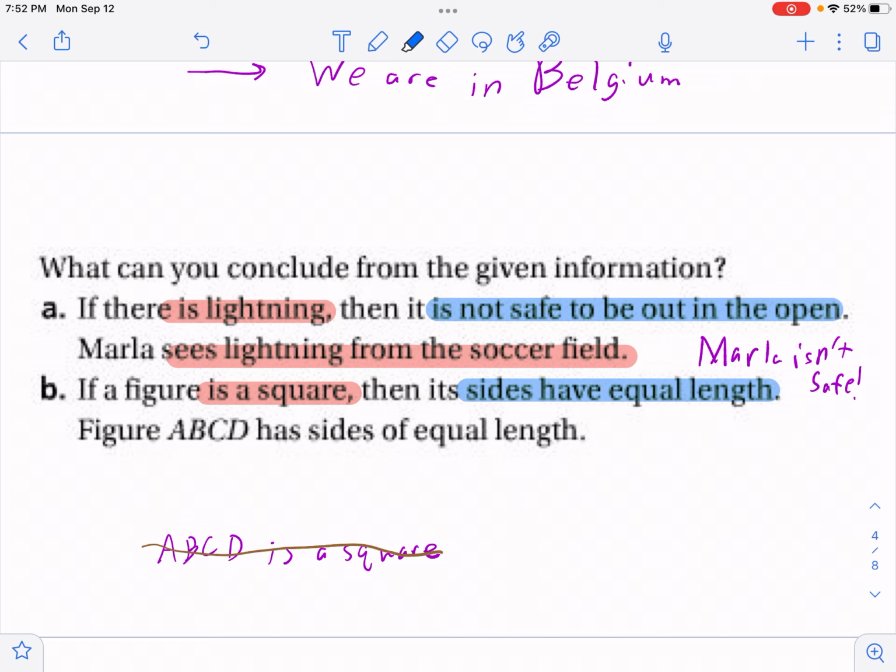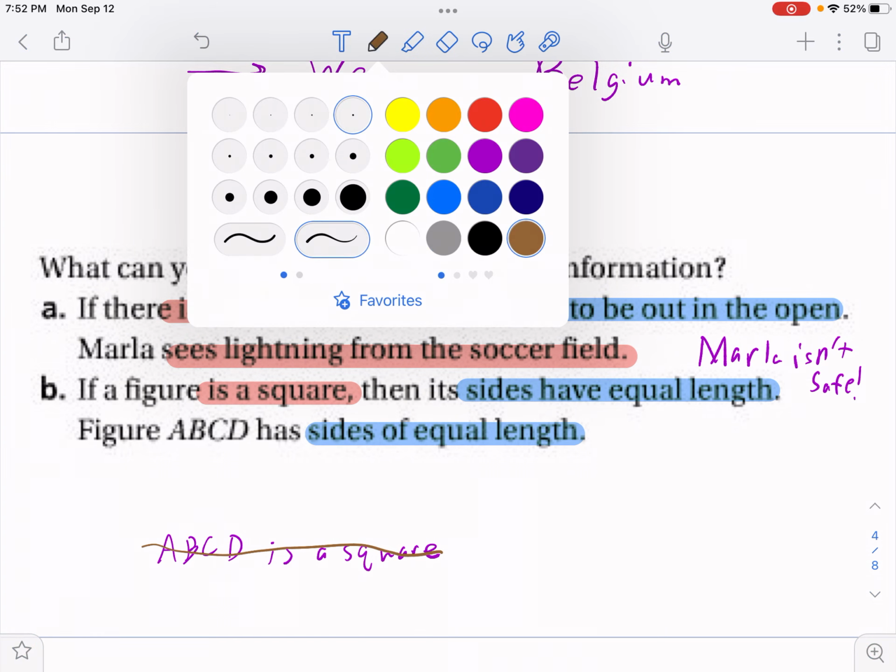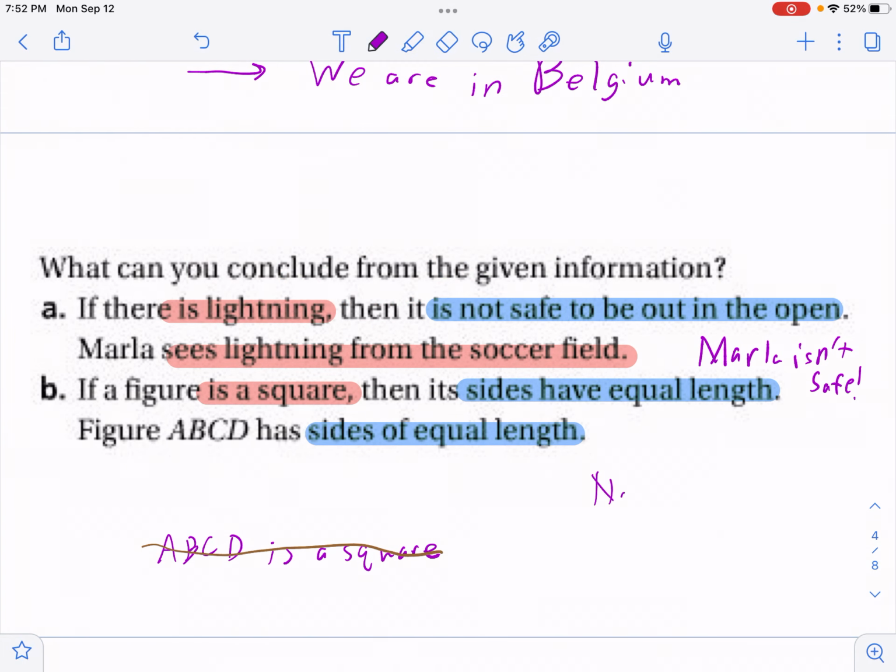And then this second statement says that this shape has sides of equal length. Instead of confirming the hypothesis, it's confirming the conclusion, which means that we can conclude nothing.